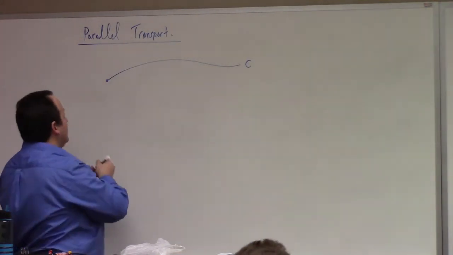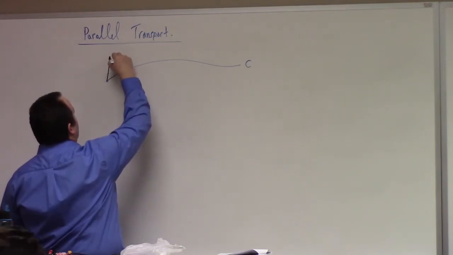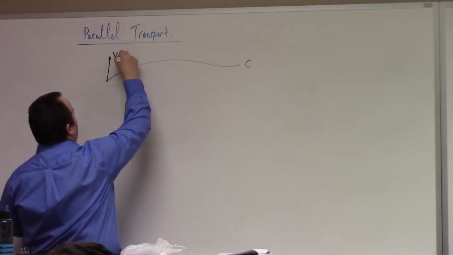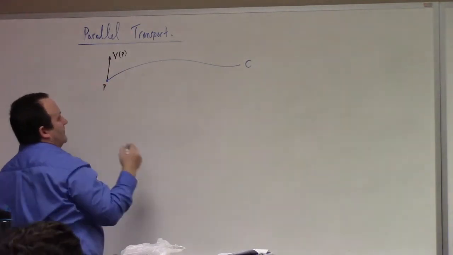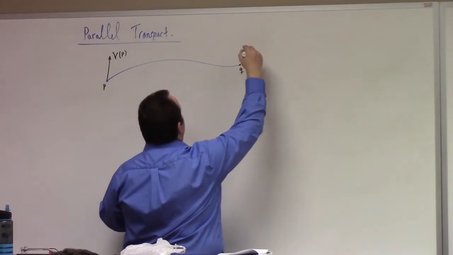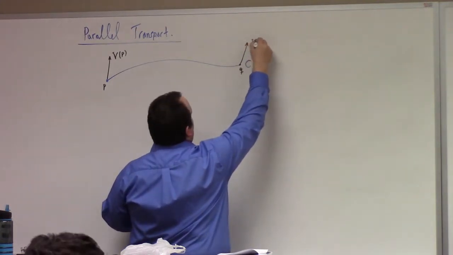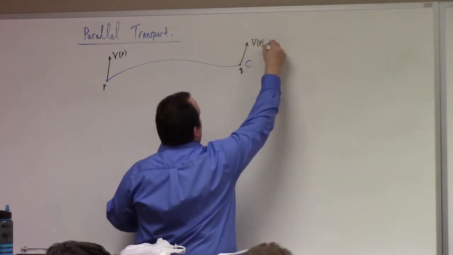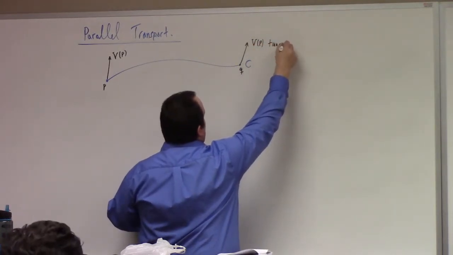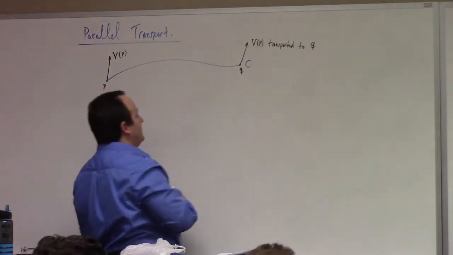But if you've got a vector v given at the point P, then the question is, if this curve goes over to another point Q, how do you produce this vector at P transported to Q? What would that mean? How would you accomplish it?